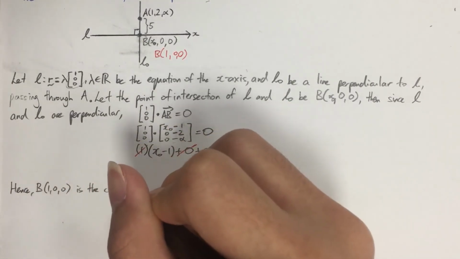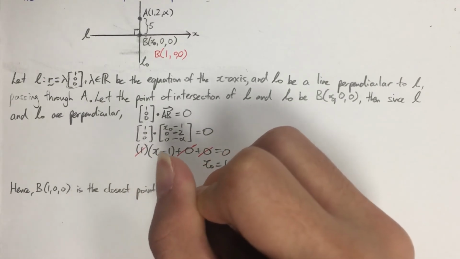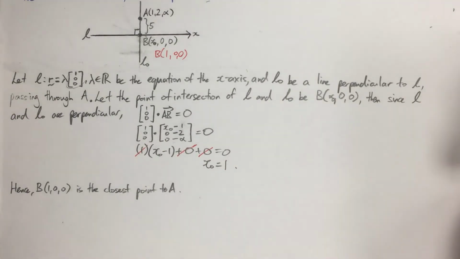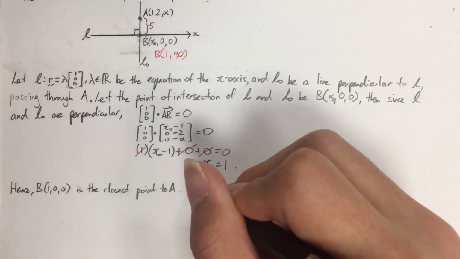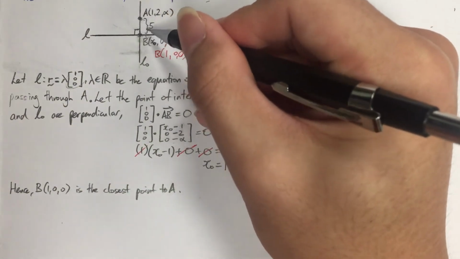And B is, as we already know, the closest point to A. The closest point has the shortest distance from A, which also means that this distance AB must be 5.